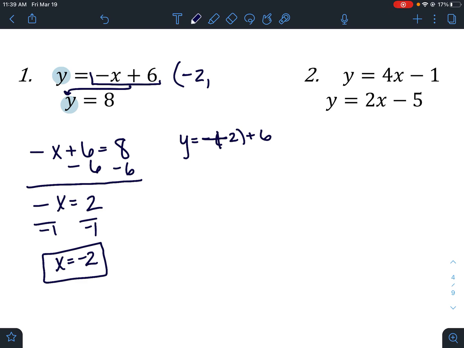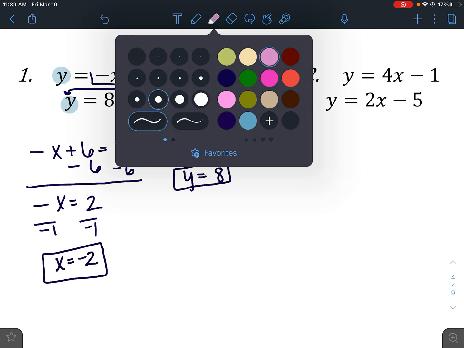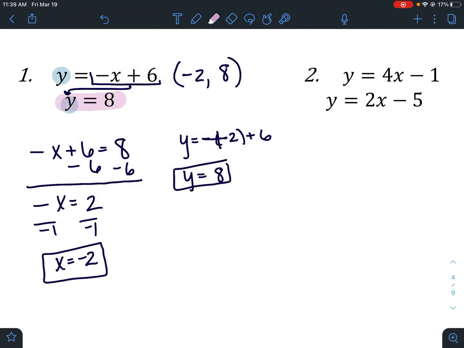Two negatives make a positive, so that's just 2 plus 6. So I get y equals 8. Now, that is the long way to do that. If you would have stopped and looked at what we had here, we already had y equals 8. So I already knew what my y was.